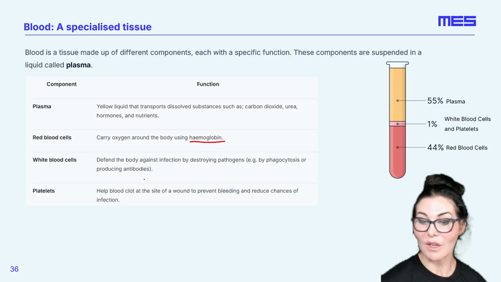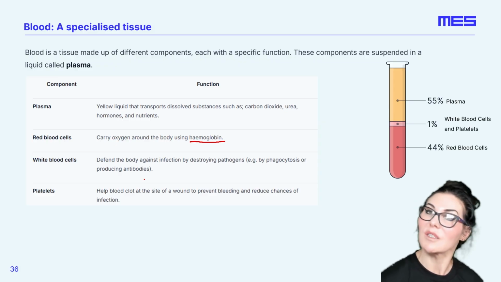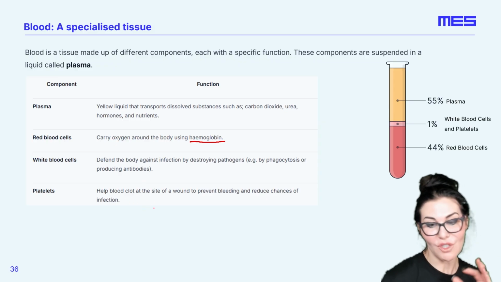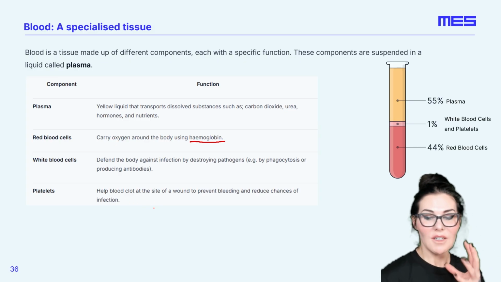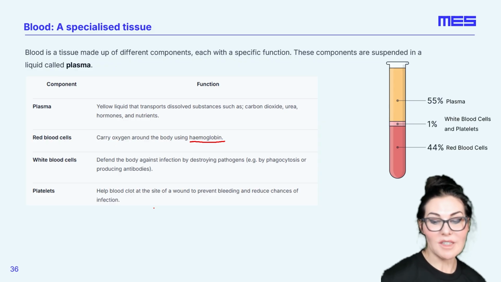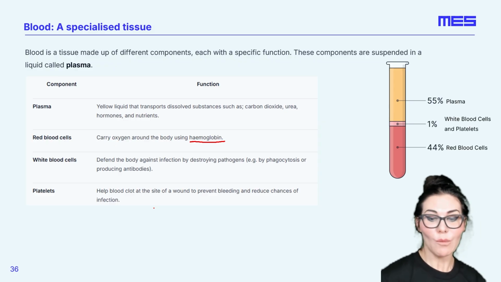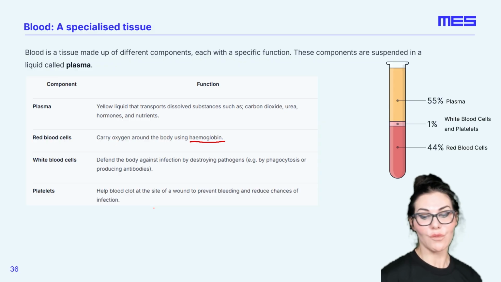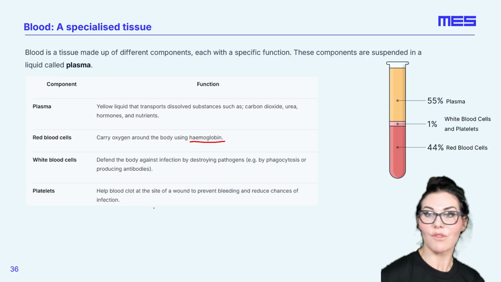Some carry out phagocytosis and some produce antibodies. And then the platelets. Platelets are actually fractions of blood cells, they're not full blood cells as such, but what they do is they get involved with our blood clotting mechanism and therefore prevent bleeding at the site of a wound. We need to make sure wounds are covered while the skin heals to prevent infections.